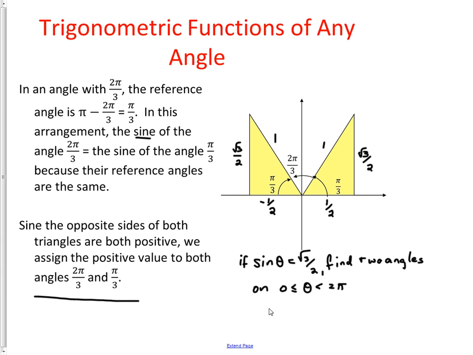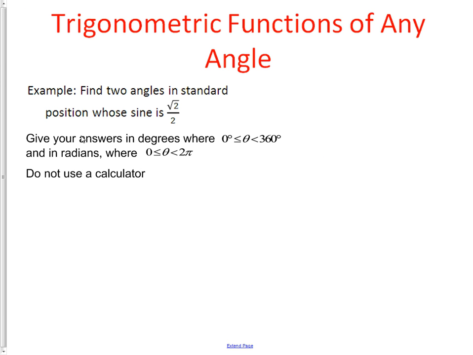And of course, the answer is going to be, well, the two angles are pi over 3 and 2 pi over 3. All right. Well, I've illustrated this example right here, but all right, what happens if we don't know what's going on first? Let's start out with this one.